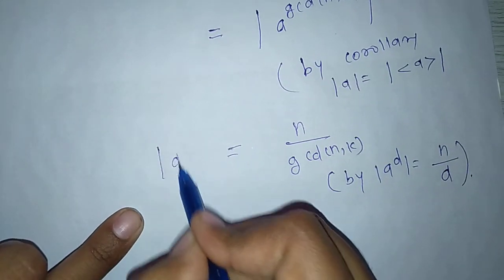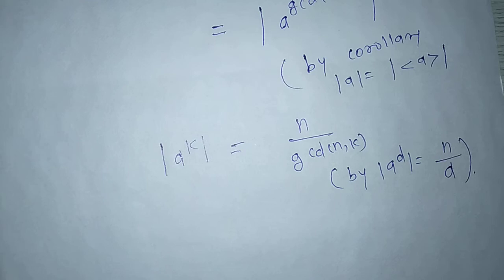So we get here the order of a raised to k equals n upon GCD of n and k.